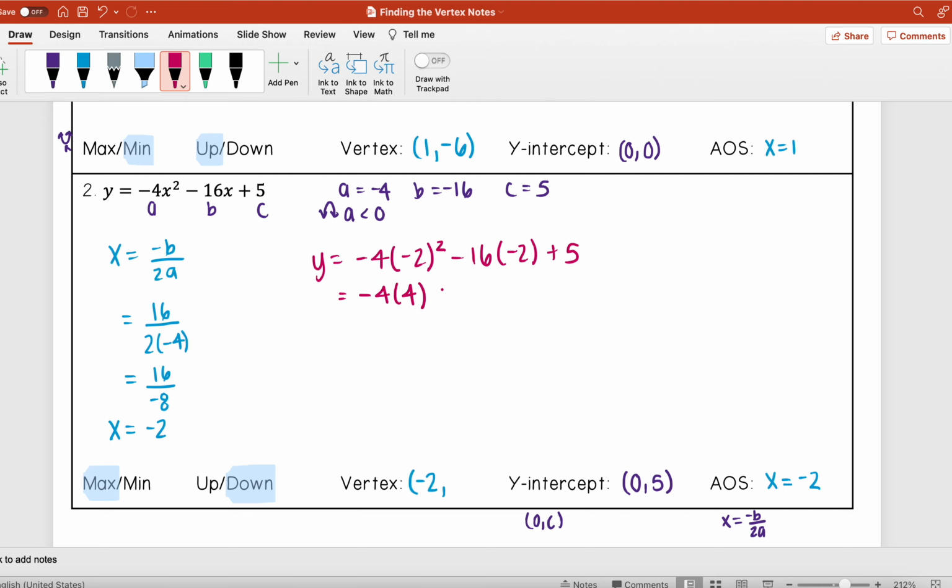Negative 16 times negative 2 is positive 32. Negative 4 times 4, I get negative 16. And so when I add those, negative 16 plus 32 is 16. 16 plus 5, I get 21. So that means that my vertex is at negative 2, 21.